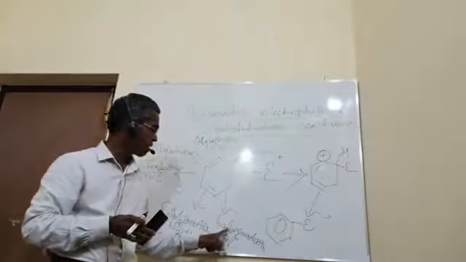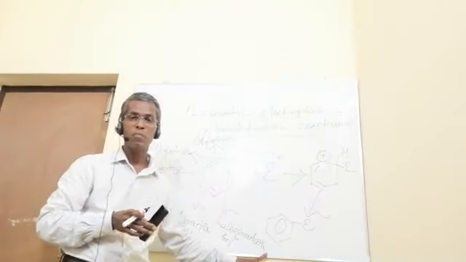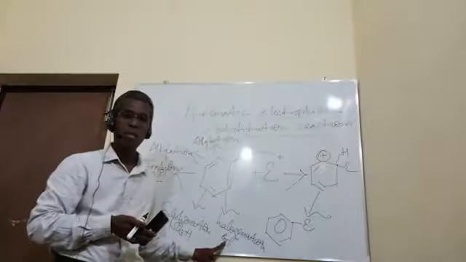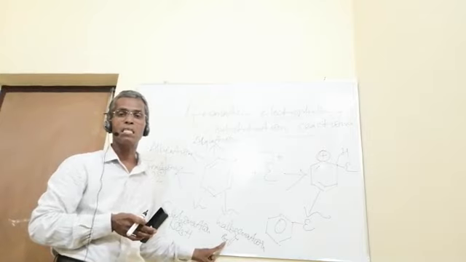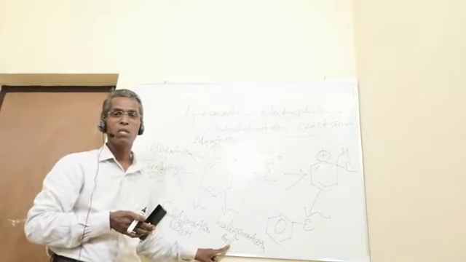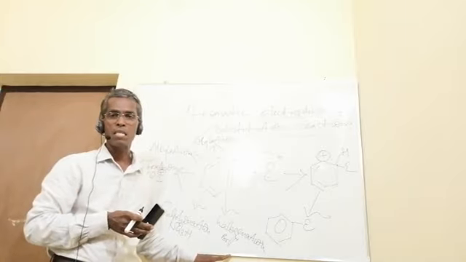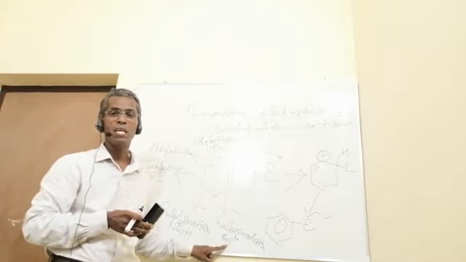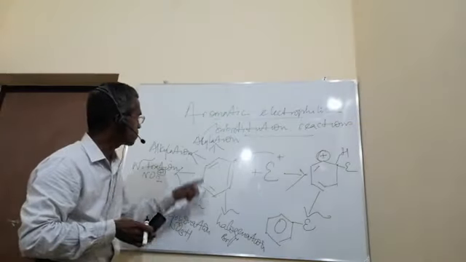That reaction is called halogenation. Specifically, since you are using Br plus, that reaction is called bromination. If you use chlorine, Cl plus, the product we get is chlorobenzene.